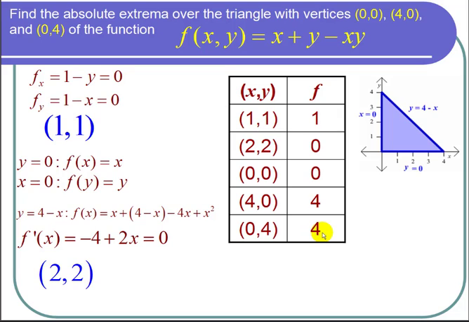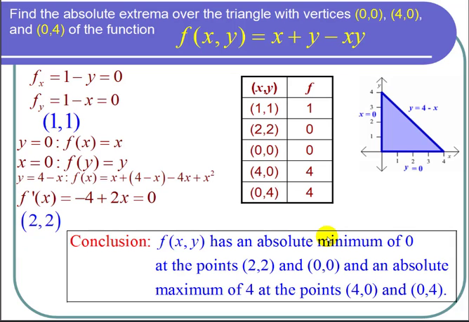So now I just look at f and see where the biggest numbers and the smallest numbers are. We see that 0 is the smallest number that f achieves. So 0 is the absolute minimum. And I see that 4 is the largest value that f achieves. So 4 is the absolute maximum.